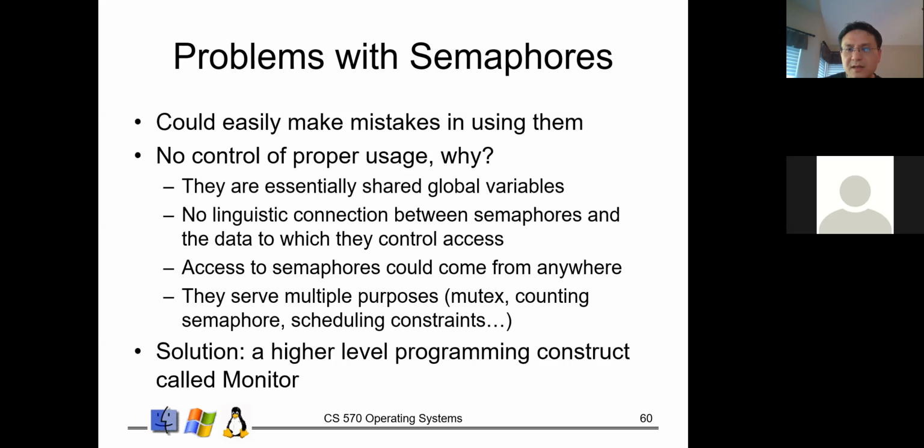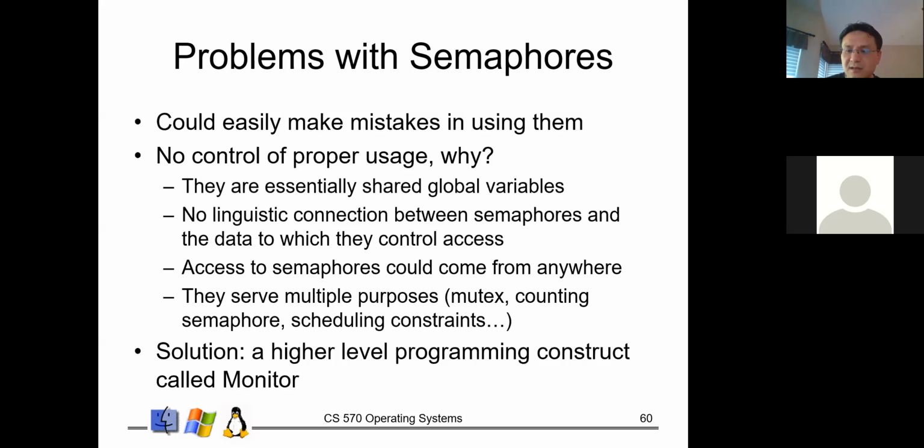So with all these problems I just described, maybe we need a more readable, more understandable, higher level programming construct than the semaphore, to see if it can do better.